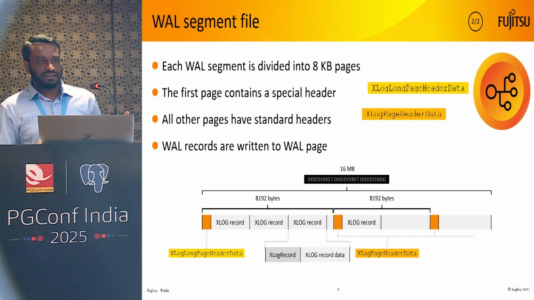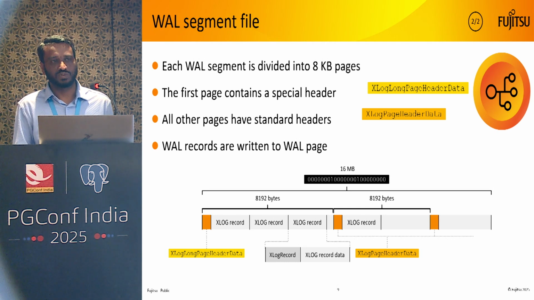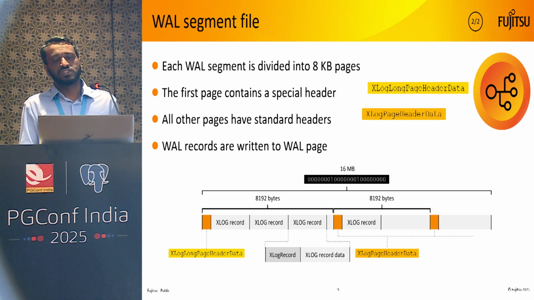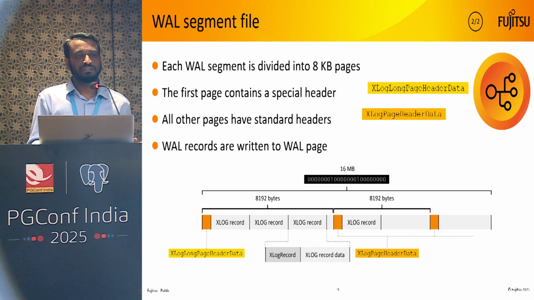Each WAL segment, as I told you, is 16 MB in size. We further break it down into 8 KB pages. We will have a page header, and for the first page in a new WAL segment, we will have a special header.